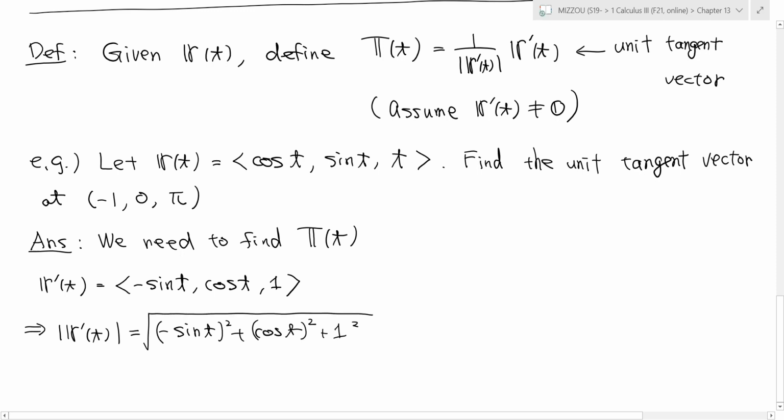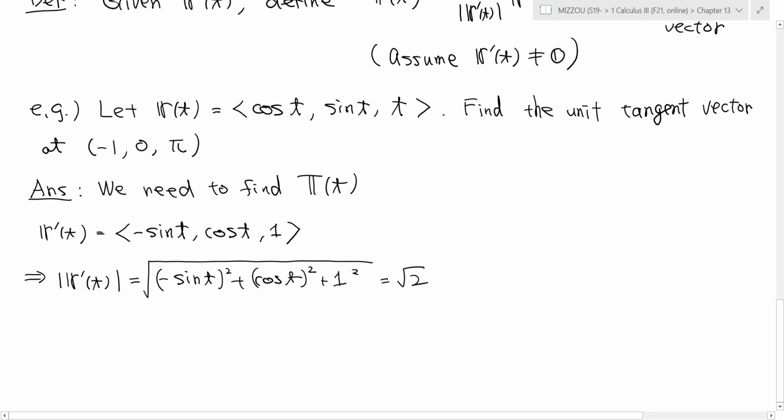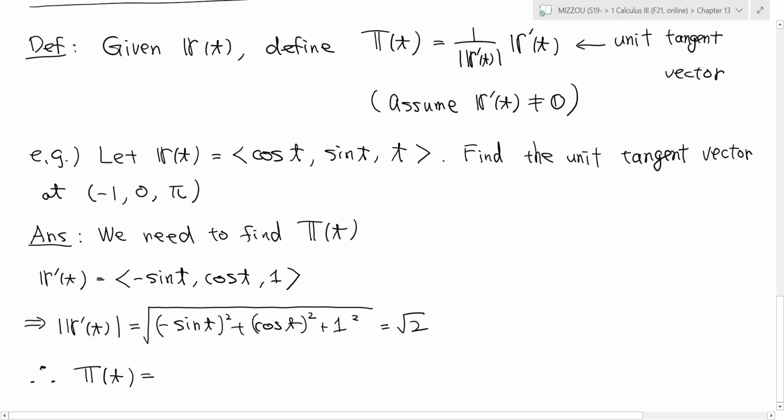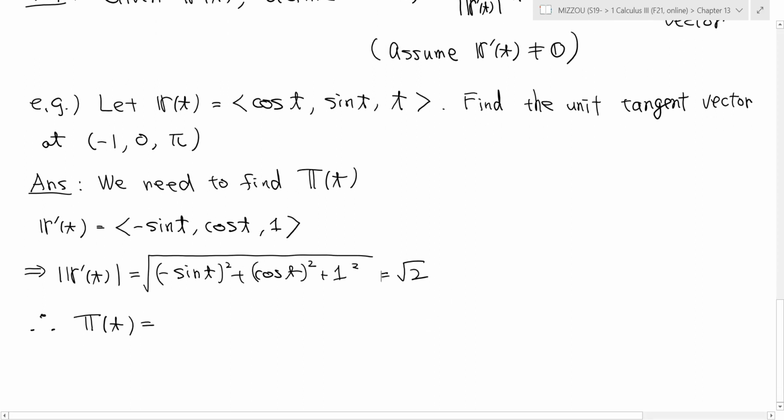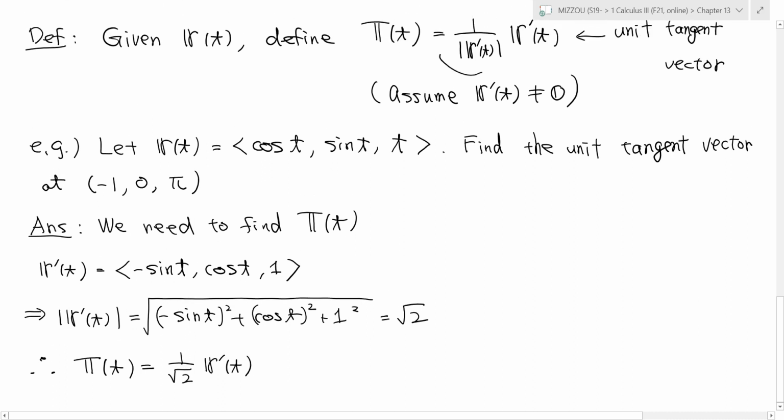And then, since sine squared plus cosine squared is 1, this is root 2. Okay, so therefore, the unit tangent vector is, by definition, you divide r prime by its magnitude. The magnitude is in this case root 2. So this is 1 over root 2 times r prime of t.